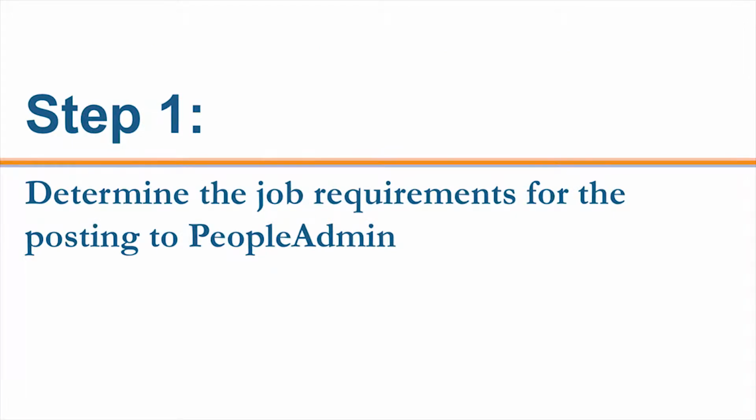In Step 1 of the hiring process, the hiring committee should determine the job requirements for the position. For example, what are the primary responsibilities, essential functions, and usual duties for the position? What is the preferred education and experience? Will you create screening questions? What will your ranking criteria be? Will you require the candidate to submit any supplemental documentation?